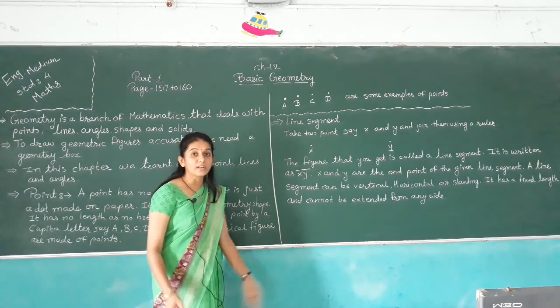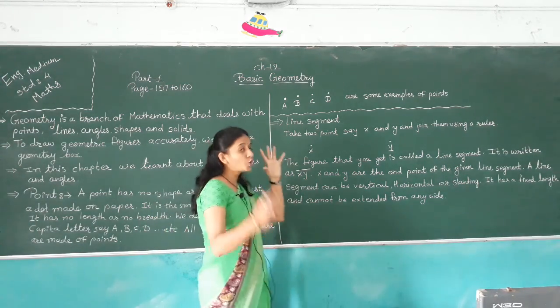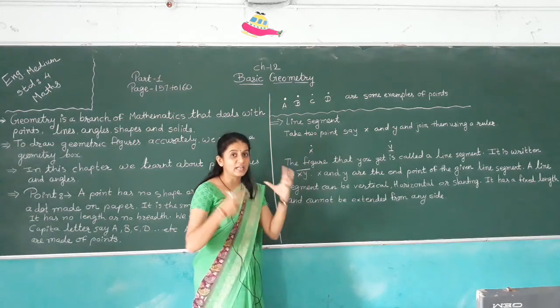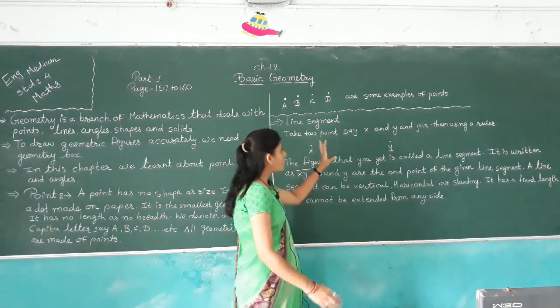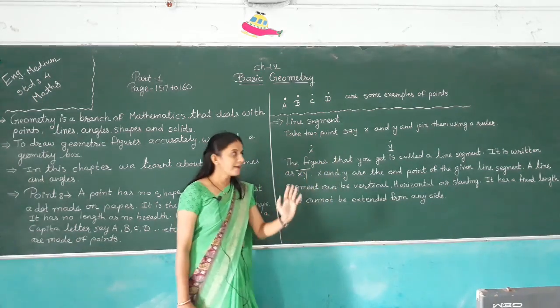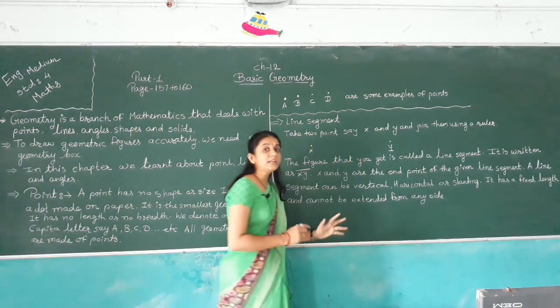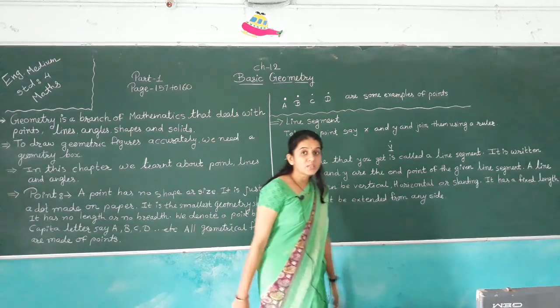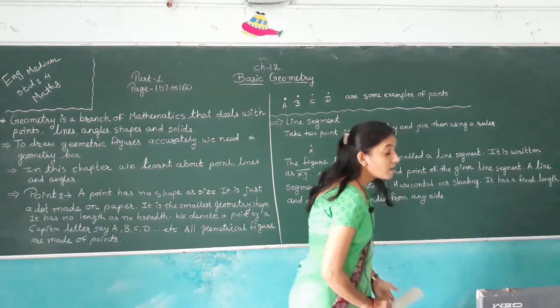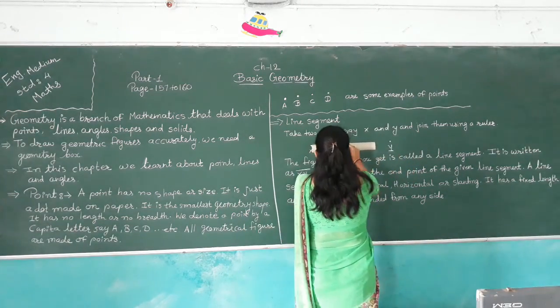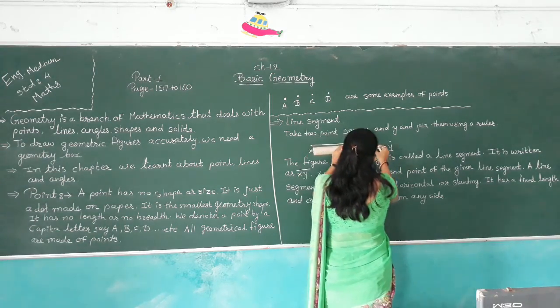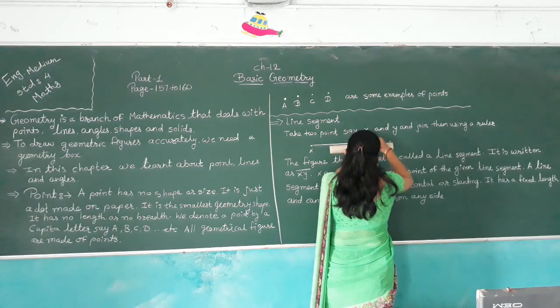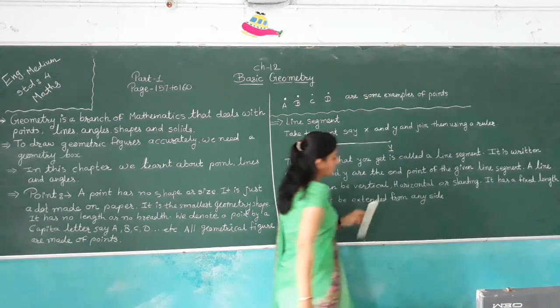Now the next one, line segment. What is a line segment? Take two points, say point X and point Y, and join them using a ruler. Here we join point X and point Y using the ruler.